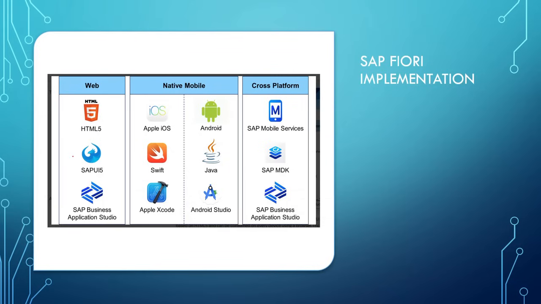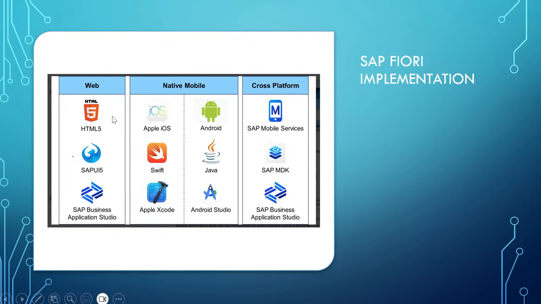Next, if you look at Fiori implementation, in how many ways can we implement Fiori? The first one is web-based implementation. Here we have the technologies HTML5, SAP UI5, and BAS.